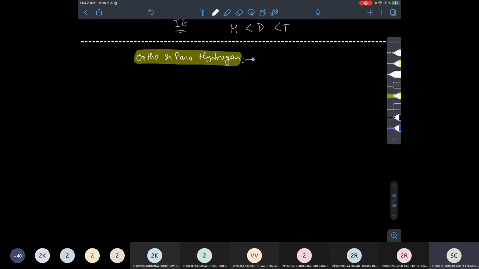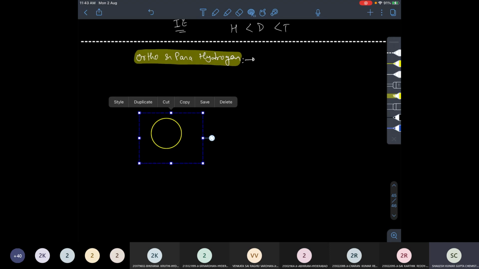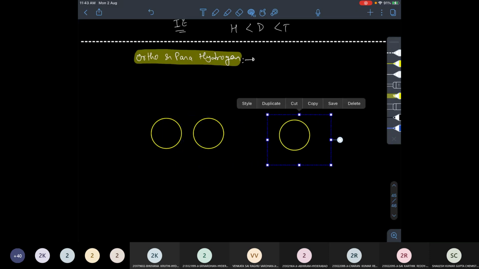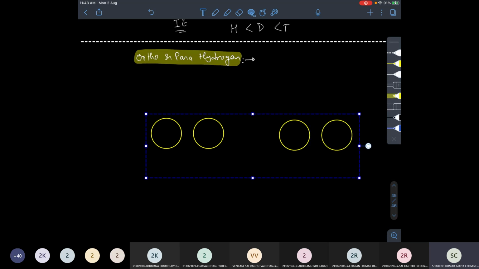Here you will come to know about an entirely new thing, that there is a spin of the nucleons as well. What are nucleons, guys?